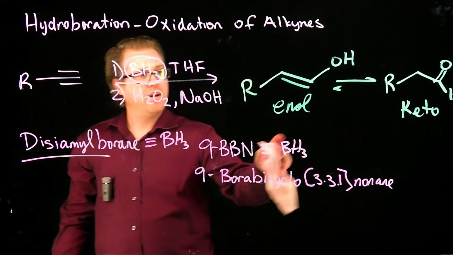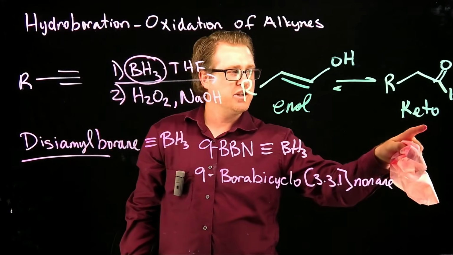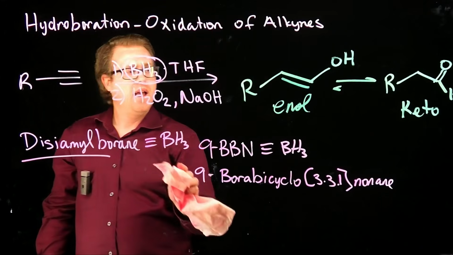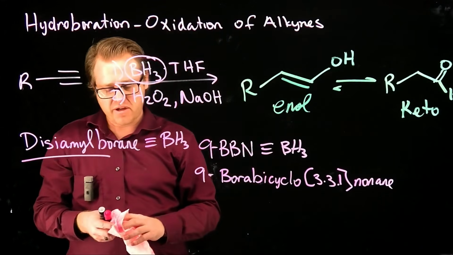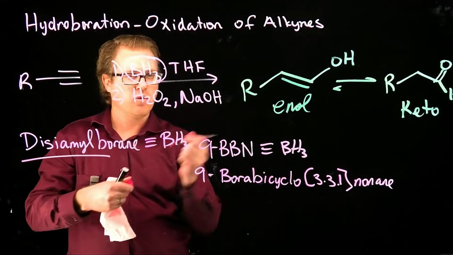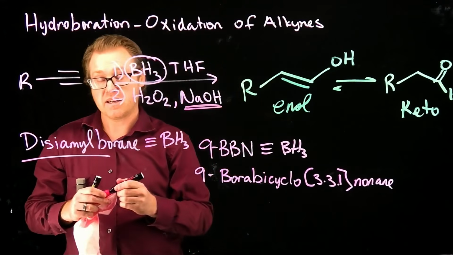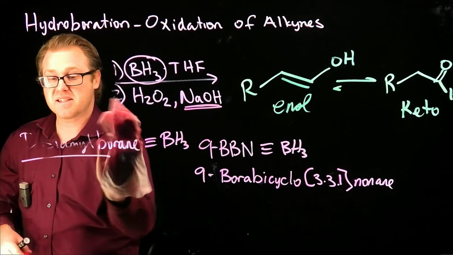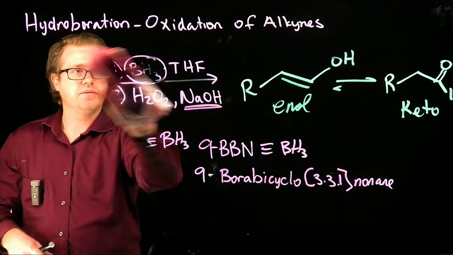But now that we have this enol, we need to show you how to tautomerize it to the keto form. And we have to show you how to do it under basic conditions. So it's different than tautomerization under acidic conditions.